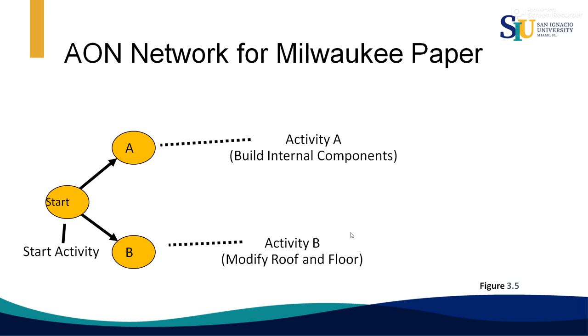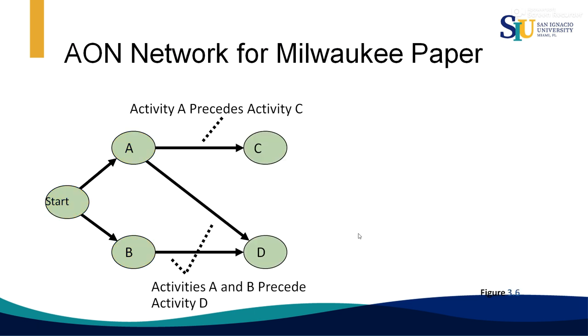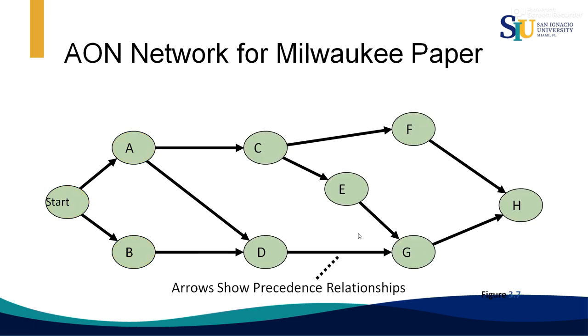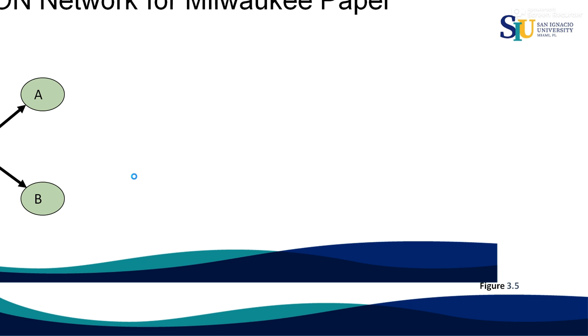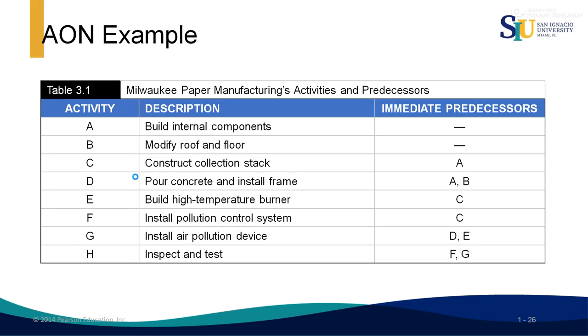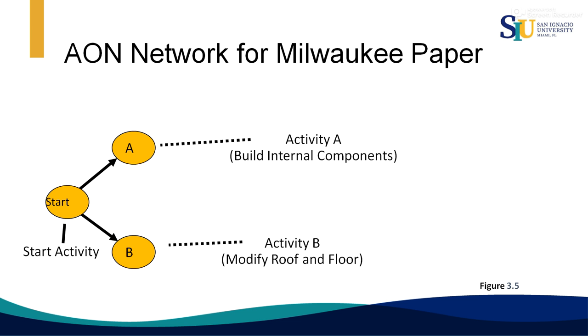Then, if we draw a network for Milwaukee Paper, this is the precedence relationship, the same that we saw in this table. You can review it step by step here.